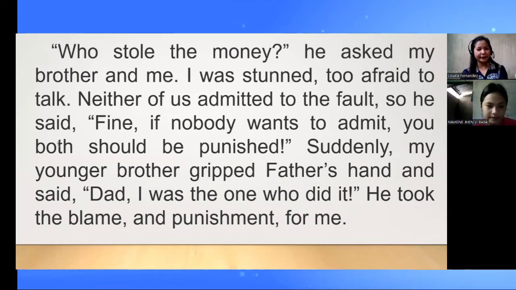And then what happened? The brother gripped the father's hand. And what did the brother say? Said that I was the one who did it. Yes. So finally, the younger brother admitted that he took the blame and said, I was the one who did it, father. So what will happen? Let's see.